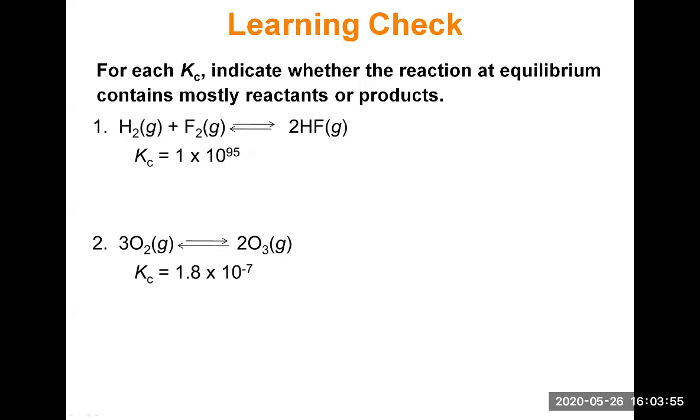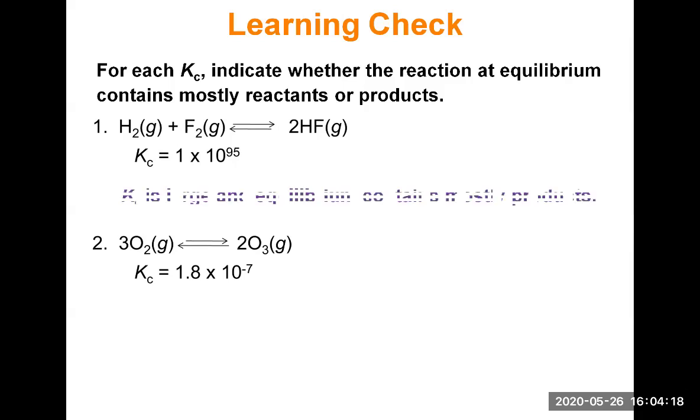So this is a very, very large value, right? It means it's 1 multiplied 95 times by 10. When K is much greater than 1, it tells you the concentration of product is very, very large compared to the concentration of the reactant.